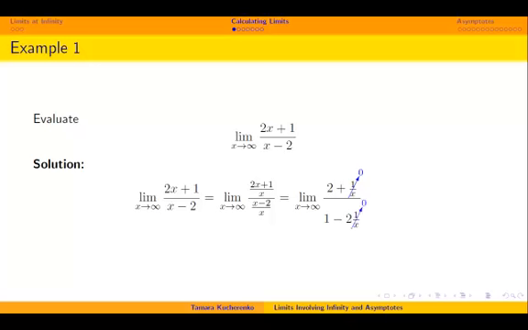So the limit is 2 divided by 1, which is 2. So we can conclude that the numerator and denominator stayed about even as they grew larger. This is because the highest power of x in the numerator is the same as the highest power of x in the denominator.